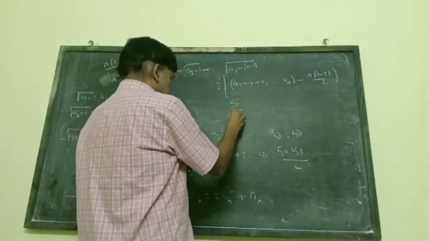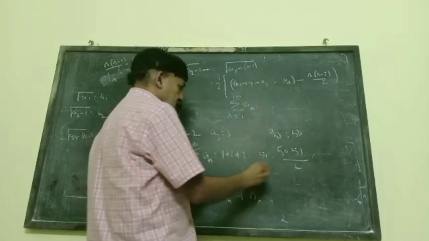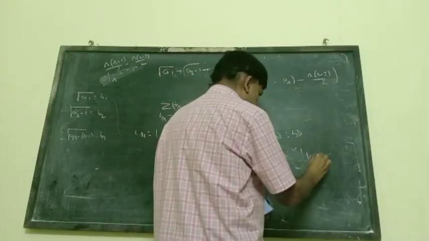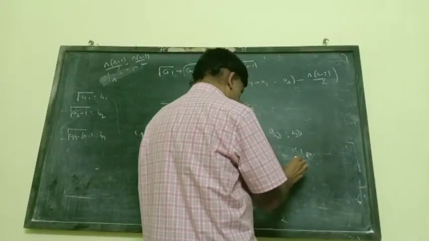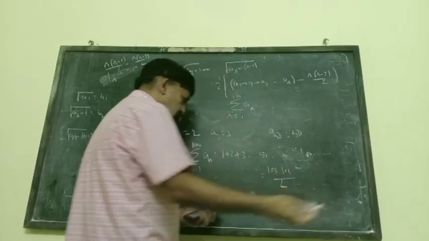Sigma I equals 1 to 100 of ai: you go up to 100, you will get 100 into 101 by 2. That's it.